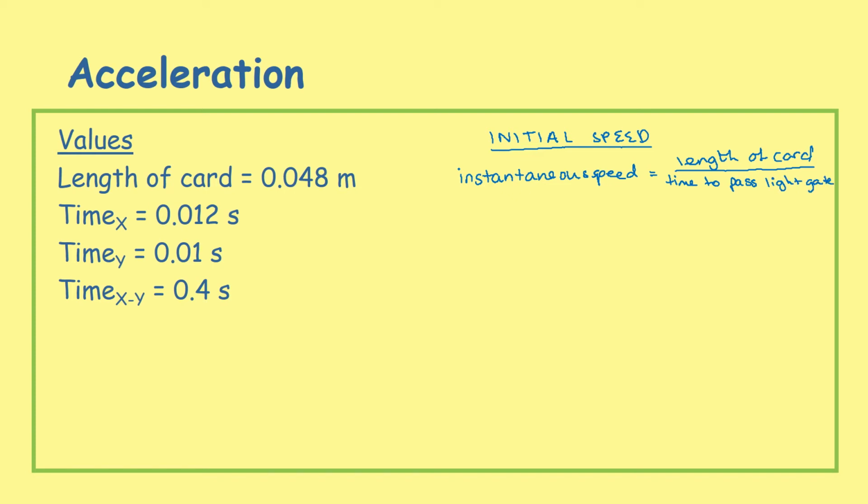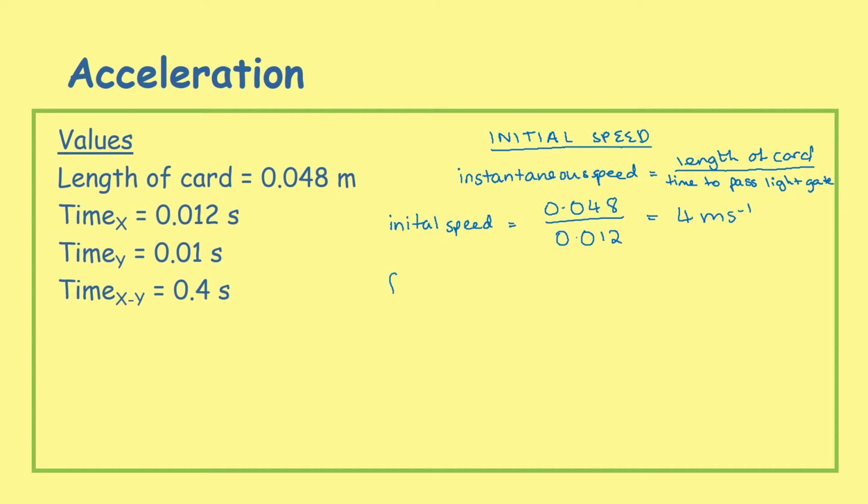For the initial speed, this is the time at light gate X. So the initial speed is equal to the length of card, so 0.048 meters, divided by the time to pass light gate X, so that's 0.012 seconds. Popping this into a calculator, we get to a speed of 4 meters per second.